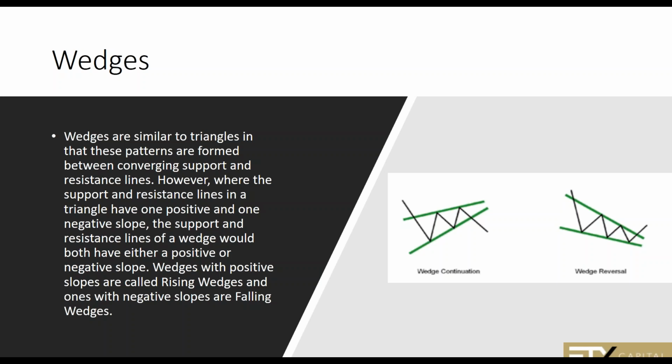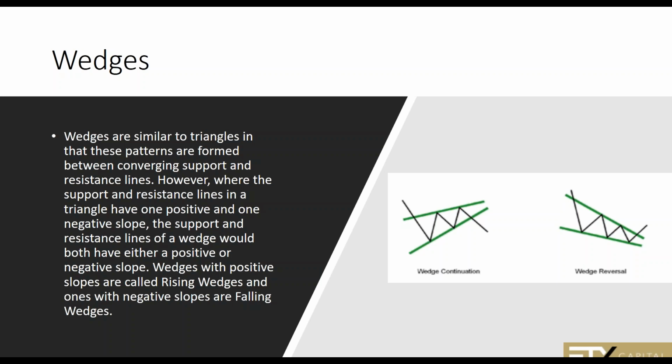Remember, in the triangles, you either have both the support and resistance lines merging together, or you have a horizontal support line or a horizontal resistance line, whether it's an ascending or a descending triangle.